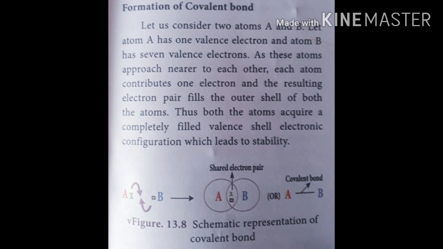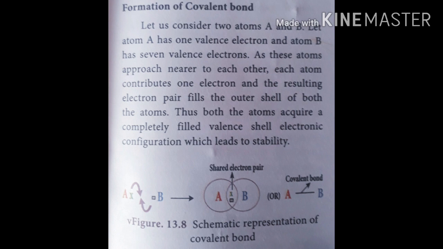These last electrons present in both A and B combine with each other, each contributing 1 electron, and the resulting electron pair fills the outer shell of both atoms. Atom A shares 1 electron and atom B shares 1 electron. So thus the bond is formed.